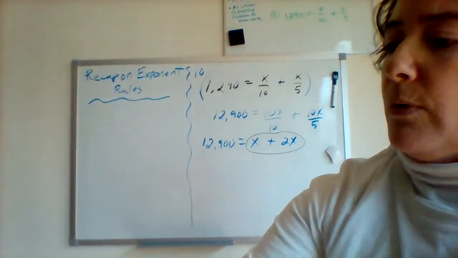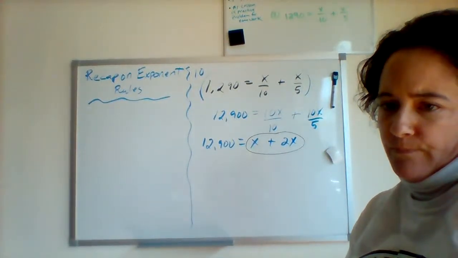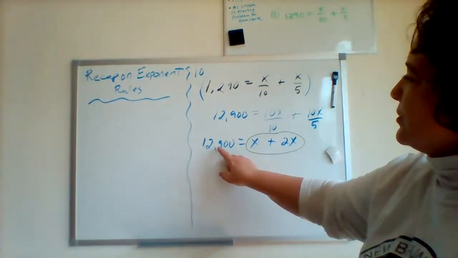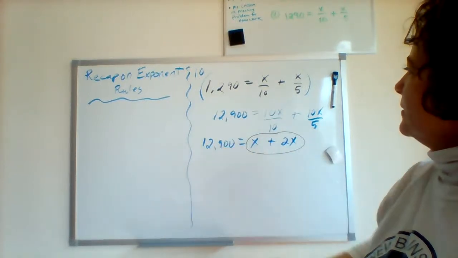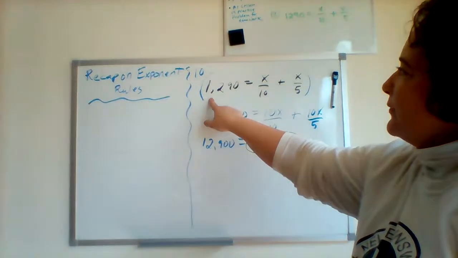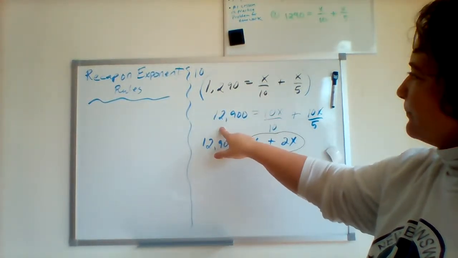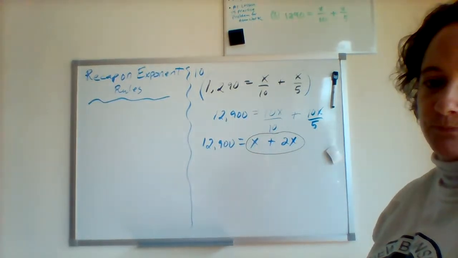So I wanna answer your question. Just let me put you in here. Okay. So this is a comma. Comma, comma, comma. Not decimals. 1,290, 12,900, and 12,900.